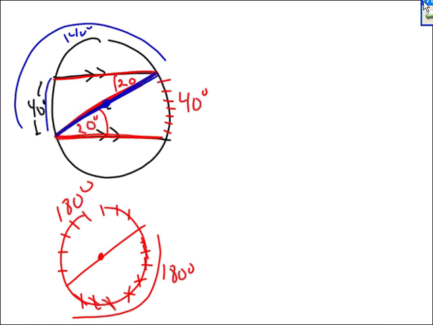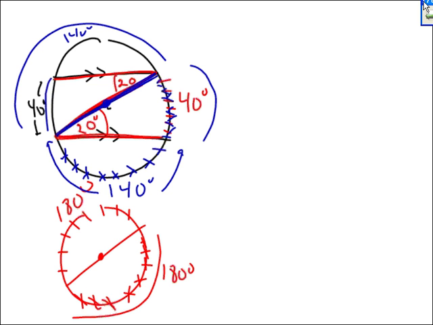Same thing. If this is the diameter, down here, halfway around must be 180. Well, if this portion is 40, then the rest is 140. And unless I'm missing something, I found all the angles and I found all the related arcs. This 140 is only that portion. You had to cross the center in this case to find the 140.